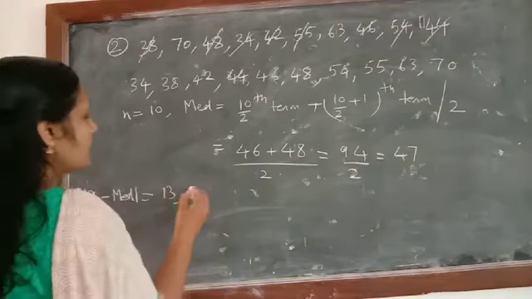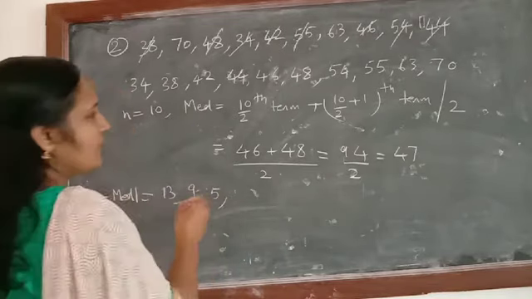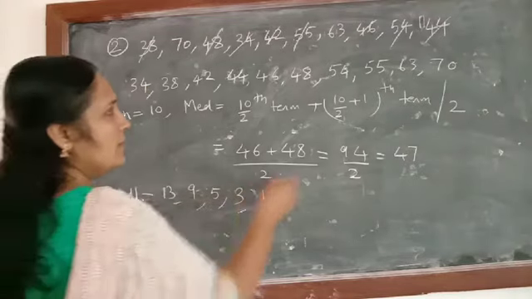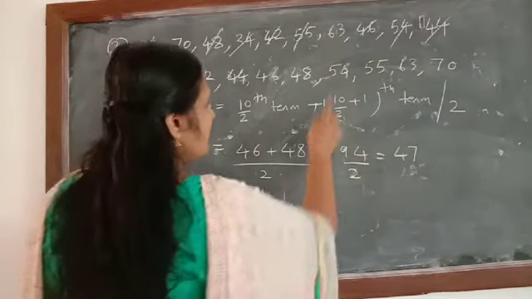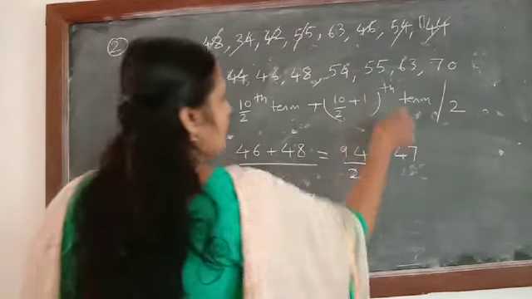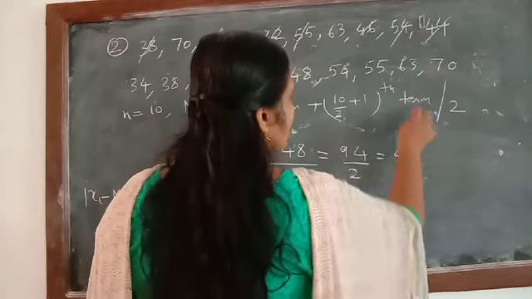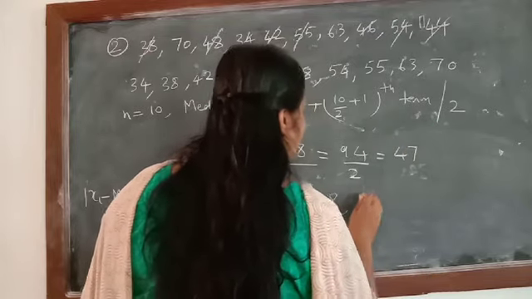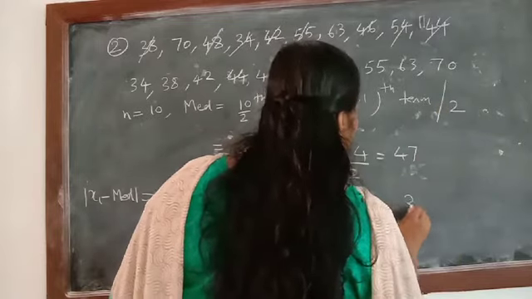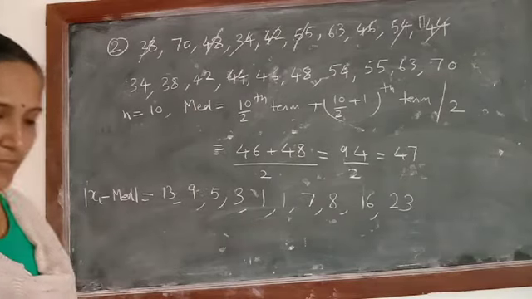Then 47 minus 38 will be equal to 9. 47 minus 42, 5. 47 minus 44, 3. 47 minus 46, 1. 48 minus 47, 1. 54 minus 47, that will be equal to 7. 55 minus 47 will be equal to 8. Then 63 minus 47, 16. Then 70 minus 47, 23. Okay. So we got the deviation about the median.